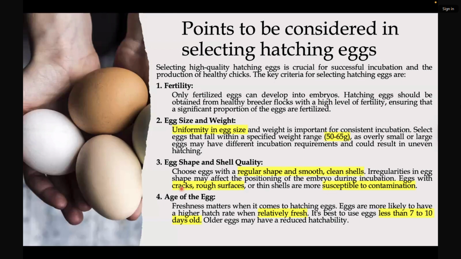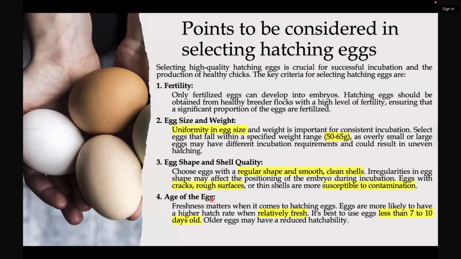We may not be able to observe all the eggs one by one, but there will be cracks, and those cracks will be the source of contamination for pathogens to enter the eggs, and the embryonic development will be shut down, or it will trigger the egg to break down, so it will expose the contaminants to nearby eggs. That is why we have to look for shell quality.